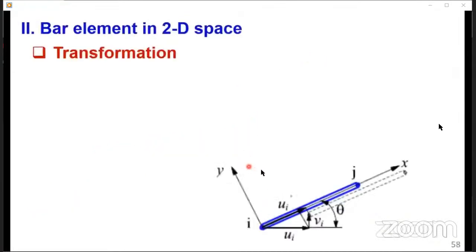Let's see the transformation. We have this.